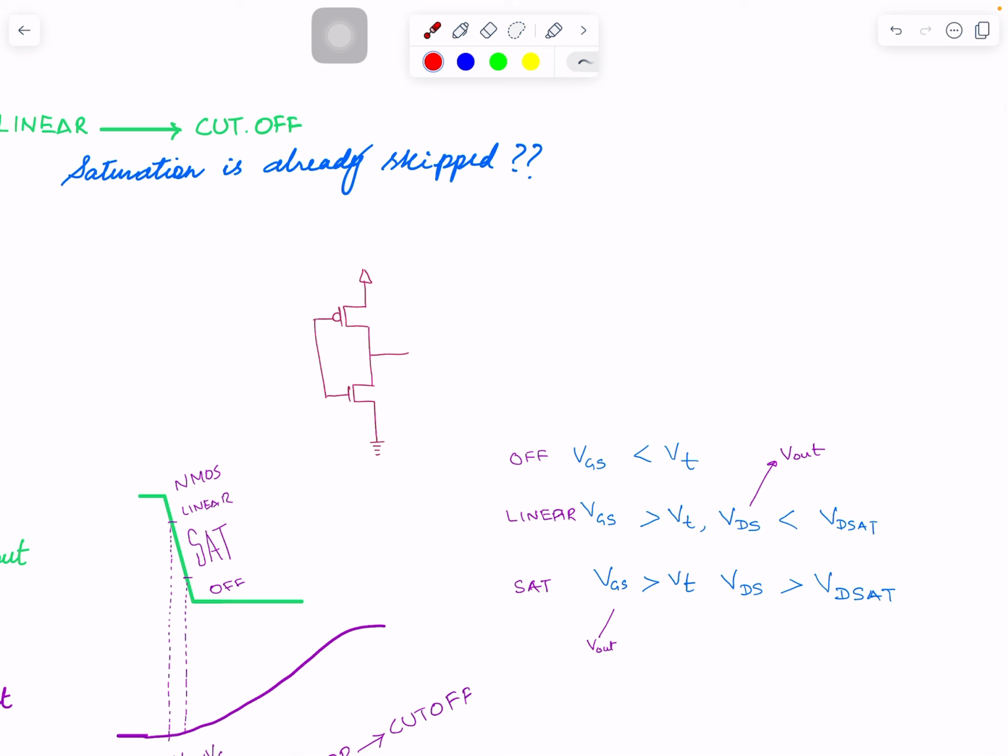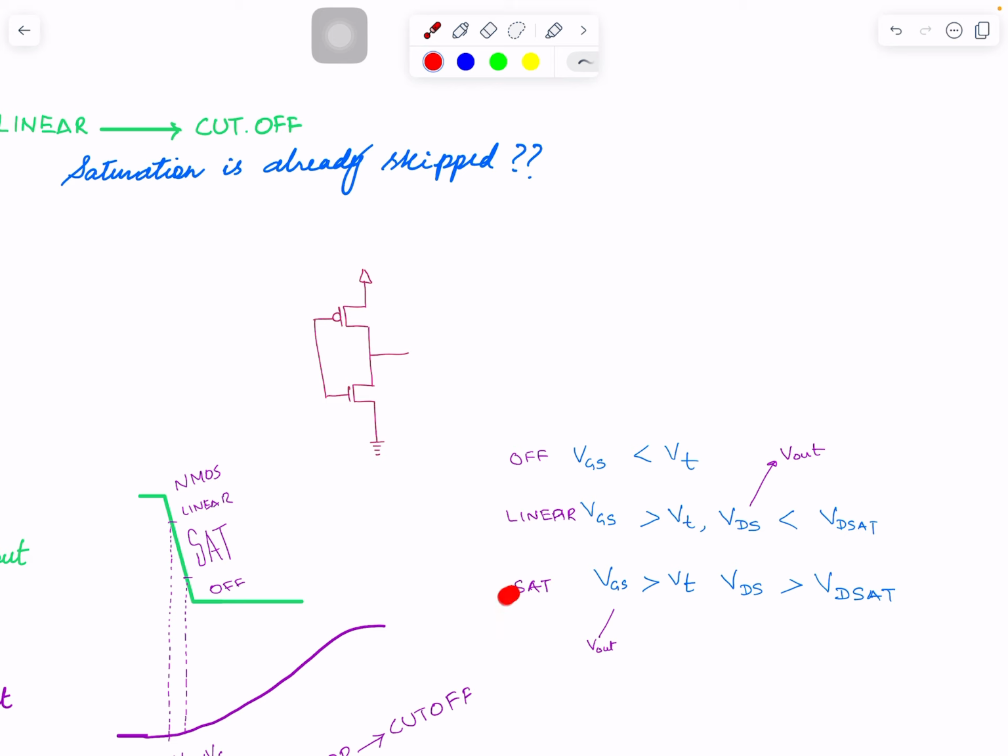So when the transistor is off, consider VGS, the gate to source voltage. In the NMOS case, this is your gate voltage, this is your source voltage, this is our input voltage connected to both, and this is our output voltage. This is the off region. When the gate to source voltage is greater than the threshold voltage, now we are turning on the transistor.